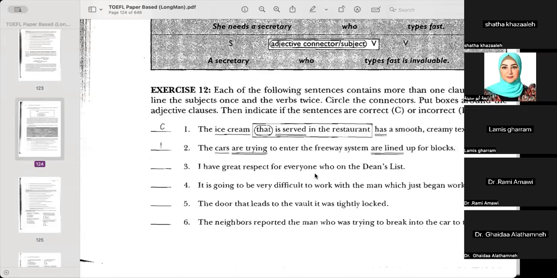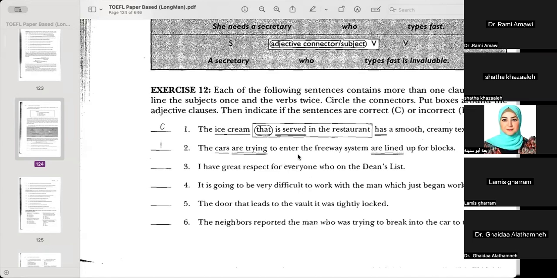So "I have great respect for everyone" is a correct sentence up to here. But with "everyone", we want to describe everyone in a certain way by using an adjective clause. We don't say "who on the dean's list". We need to say "who is on the dean's list". We cannot say "who on the dean's list", so this is not acceptable.